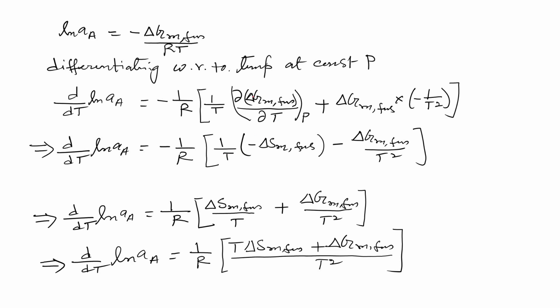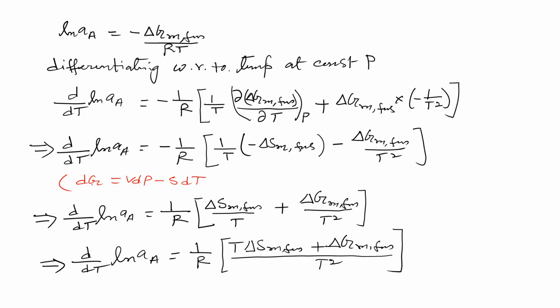Now here, in place of these things I can write delta Sm, the molar entropy change during fusion. Because we know that dG is equal to V dP minus S dT, right?